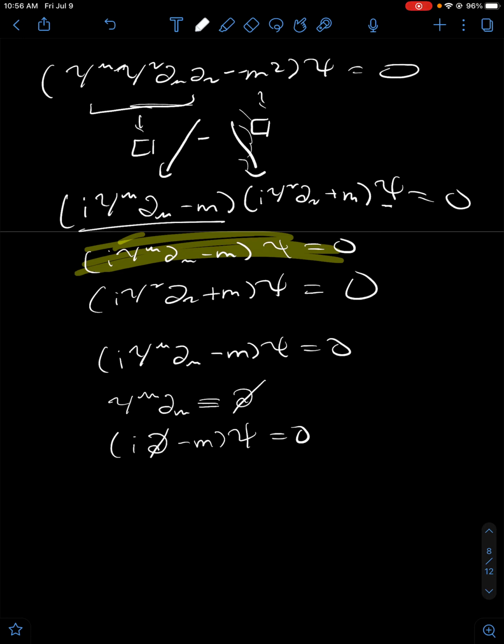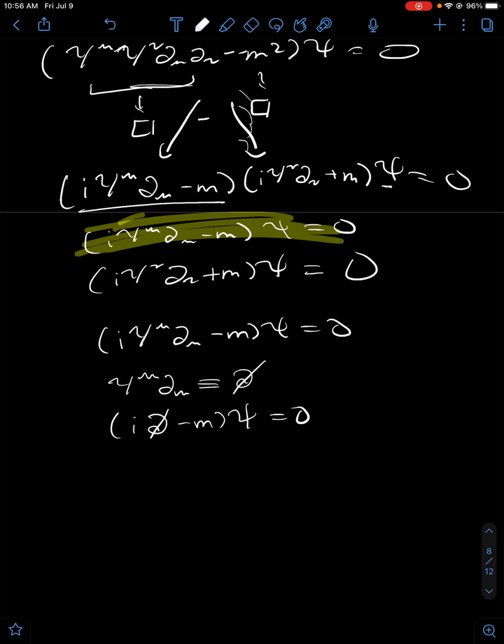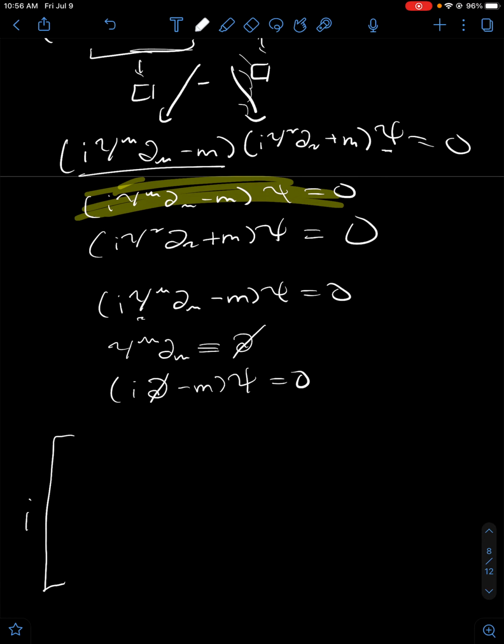Now, what does this equation actually describe? Well, note that gamma mu are matrices, right? So we'd have i times some gamma matrix, like gamma 0, gamma 1, gamma 2, and so on, times partial mu minus m, psi equals 0.